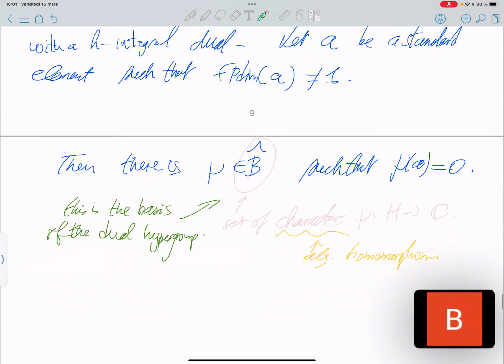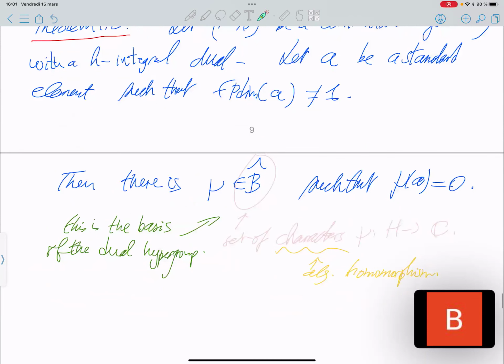Anyway, be careful about the notation. It may be confusing.